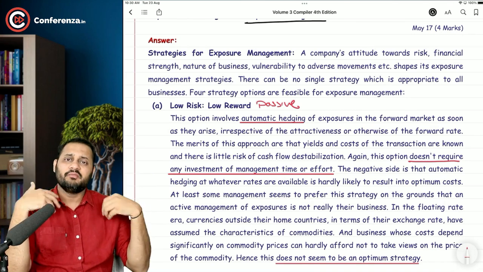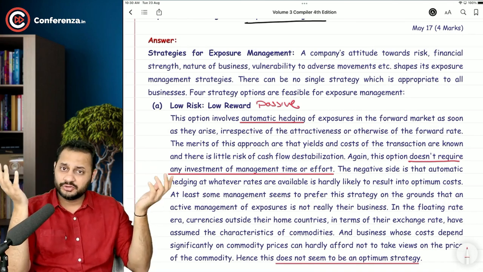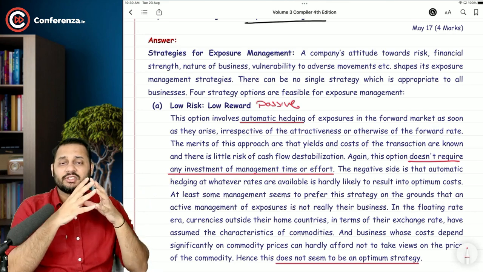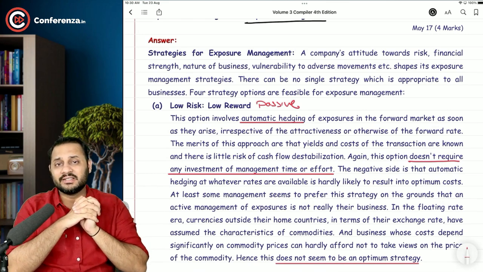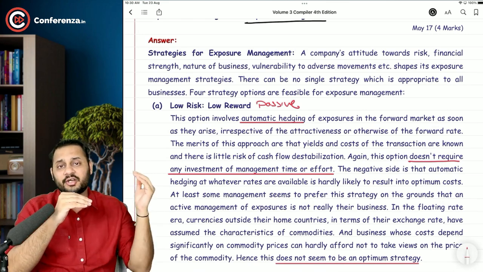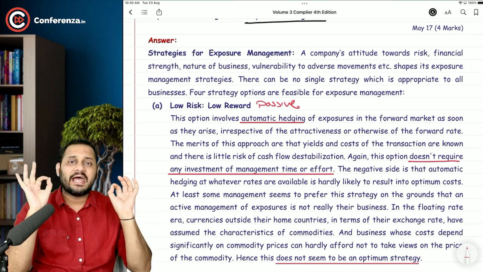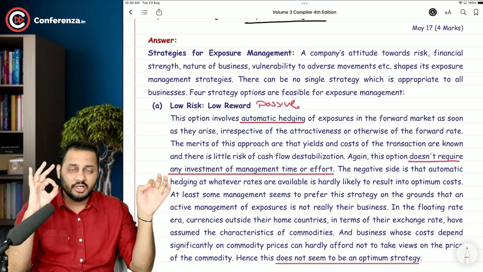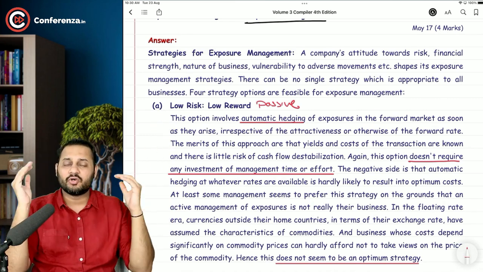But if the transaction value is huge in your company, that means you are also losing an opportunity to optimize it, to reduce the cost, reduce the loss, or increase the profit by not actively participating in it, or by just implementing this strategy of avoiding the risk all the time.